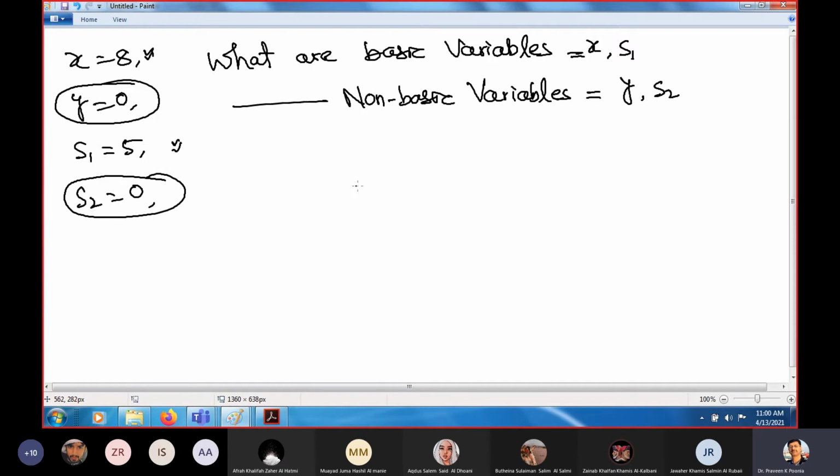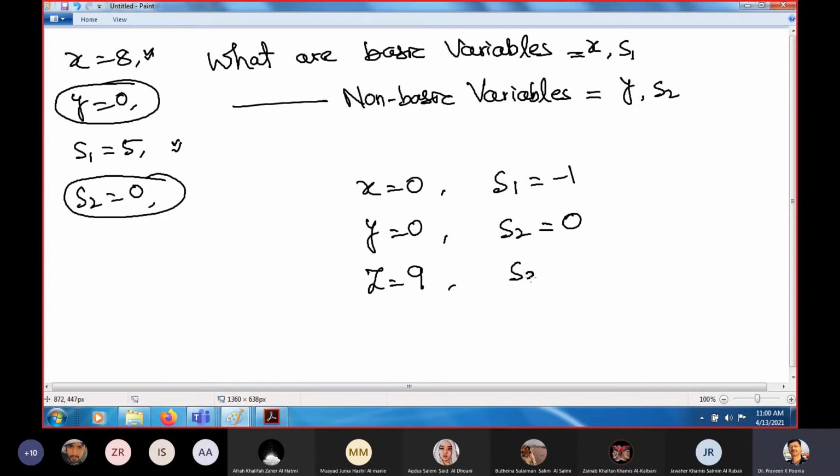What is the solution? If the solution of some problem is given, now the question is, what are the basic variables?